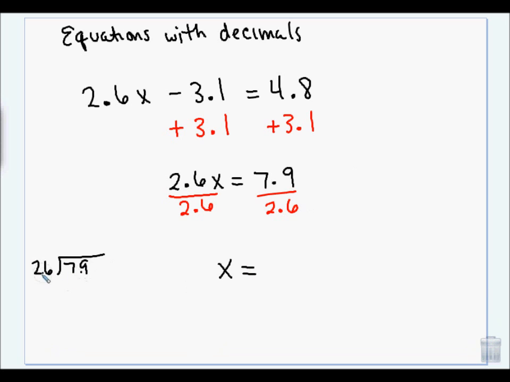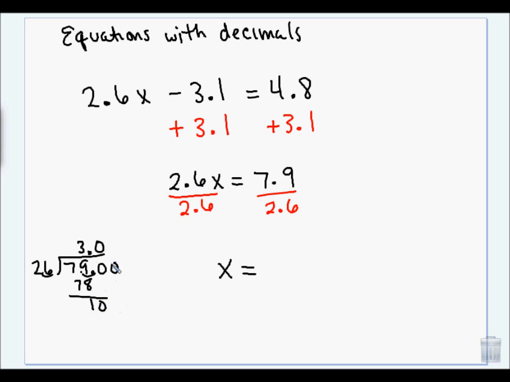So move each decimal one spot. 26 will go into 79 3 times, yeah, so 78. That is 0.0. No times.